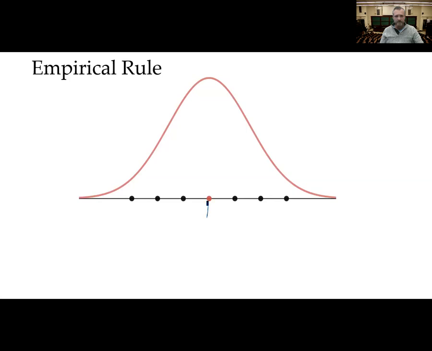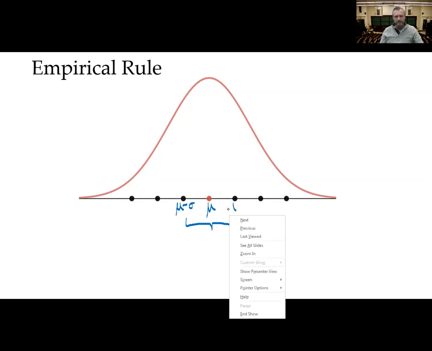So if this is the mean here, then from one standard deviation on either side, so this would be the mean minus sigma, and this would be the mean plus sigma, we've got 68%.